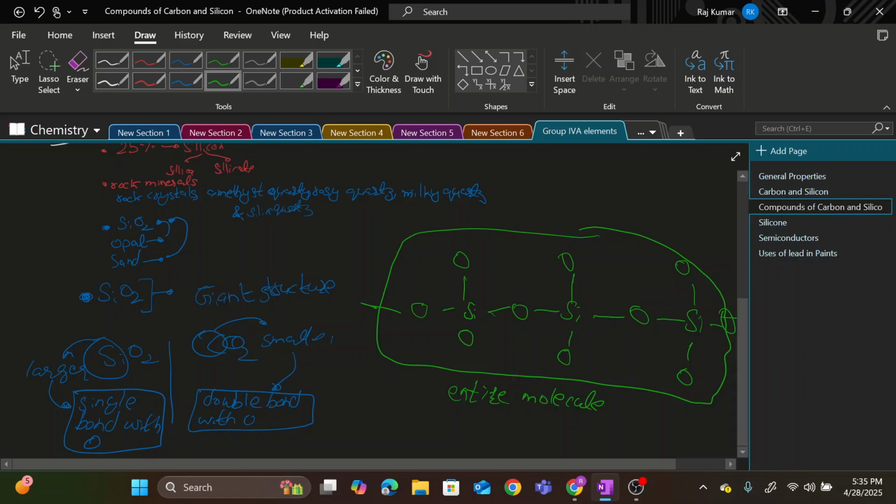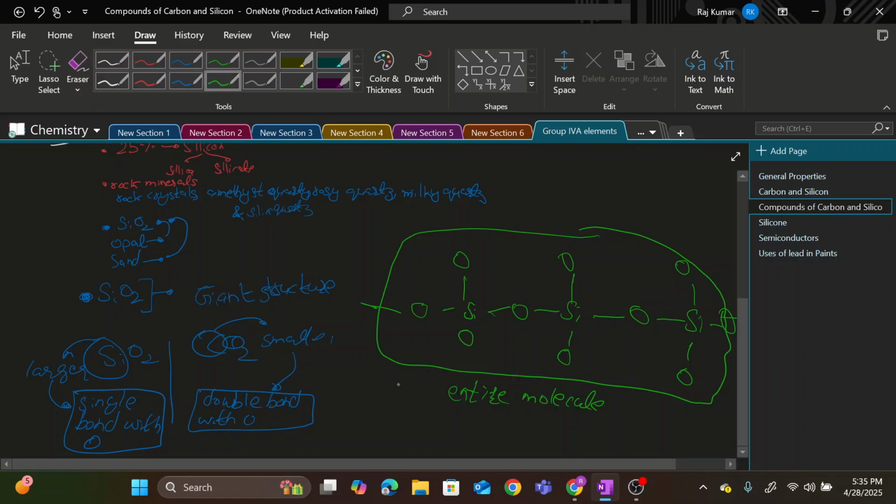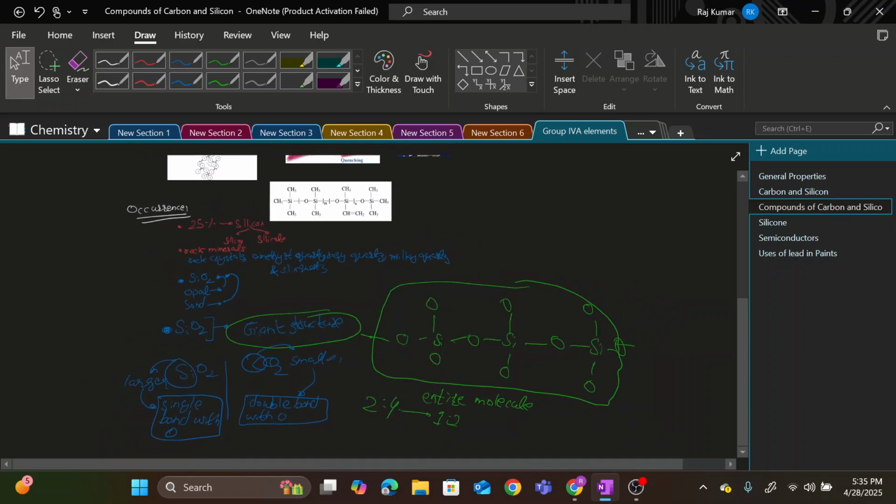Because the ratio of silicon to oxygen is 2 to 4, which is simplified to 1 to 2, which means the molecular formula is SiO2, and it's a giant structure. So this is about it.